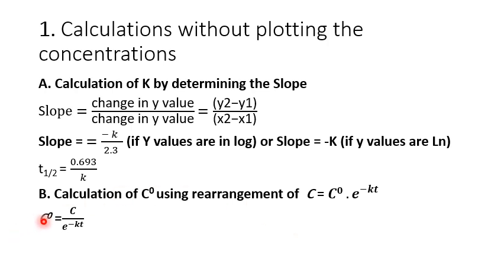Then plasma concentration at time 0 equals plasma concentration at any time, and here we put one of the points that we got from the measurement of plasma concentration, over e to the power of the elimination rate constant that we calculated from the first step, multiplied by the time at which this plasma concentration was taken.